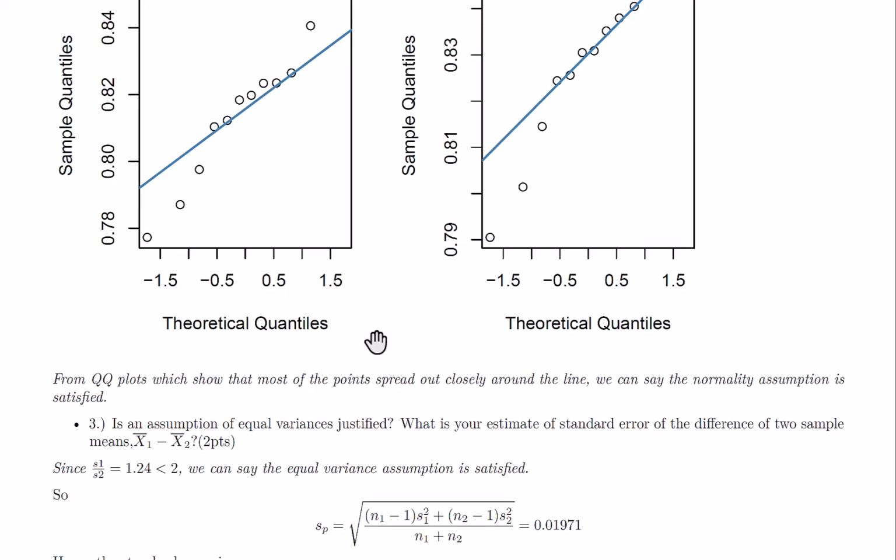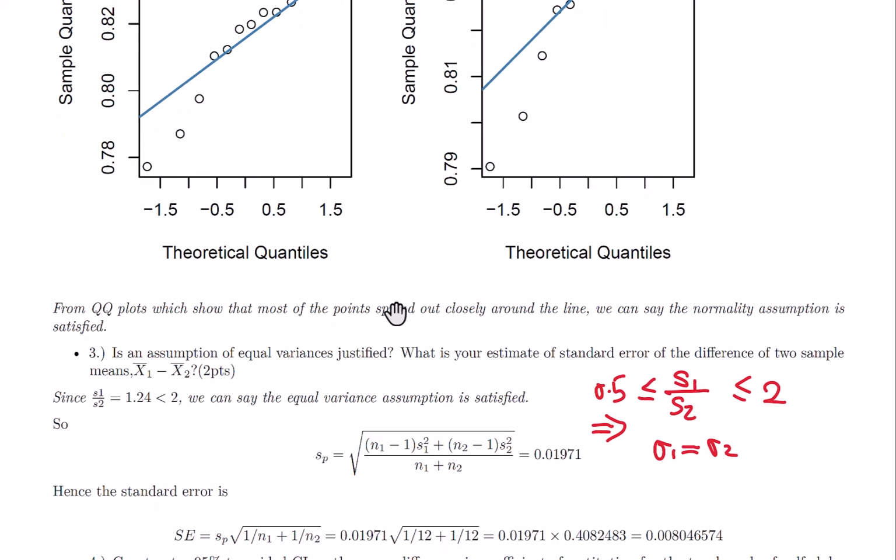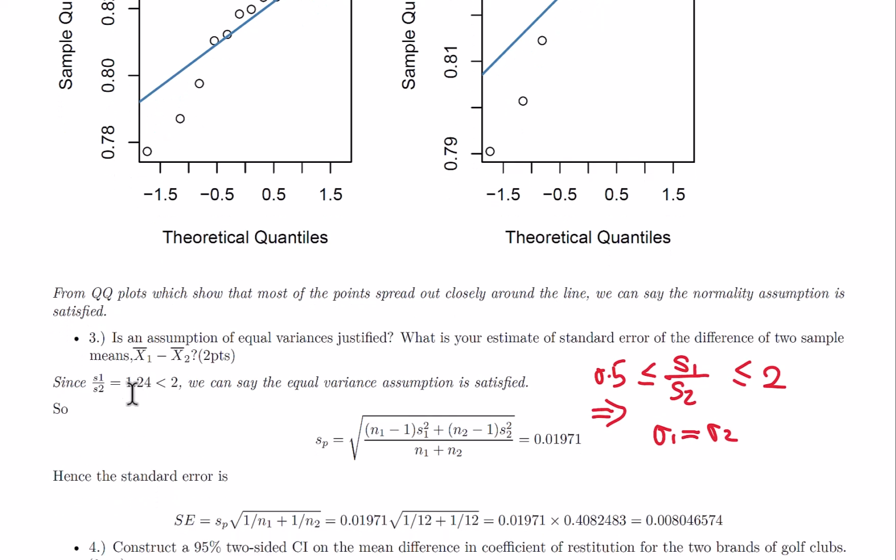Because we only know the samples, whenever the ratio of the sample standard deviations is between 0.5 and 2, we would say sigma 1 and sigma 2 are equal. This is a rule of thumb. In our case, it's 1.24, which is less than 2, in the range. That's why we say the equal variance assumption is satisfied.